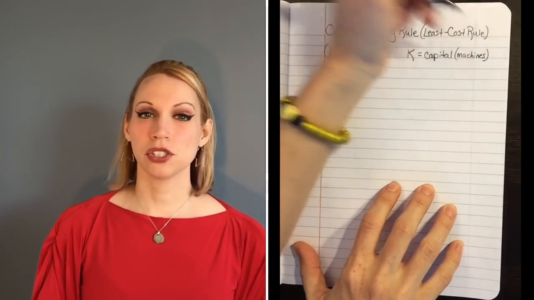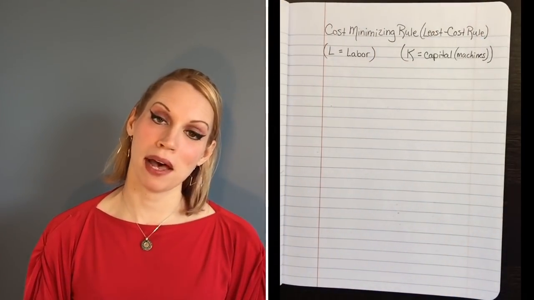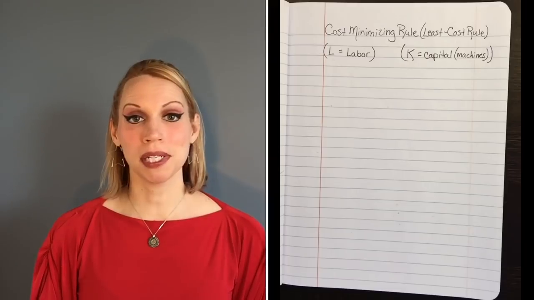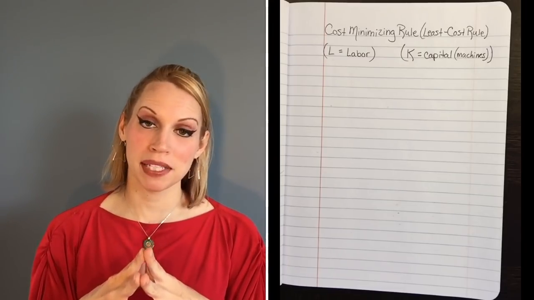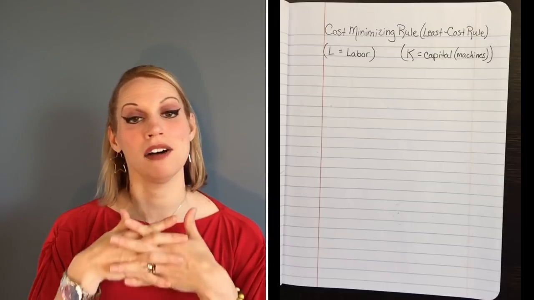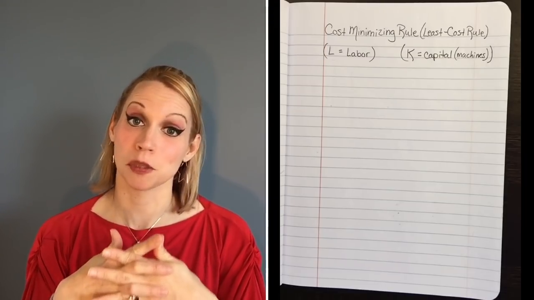But the thing is, trying to figure out how you can be as productive as possible using the least amount of money. So what I'm going to talk to y'all about today is how to find the cost minimizing combination of inputs to where you can still maximize your production.